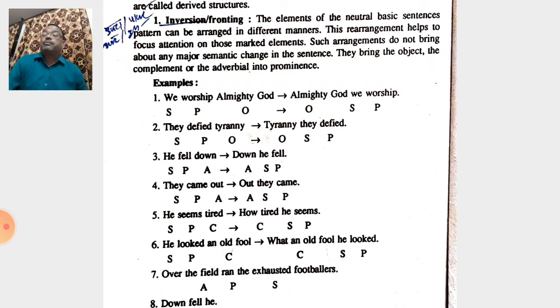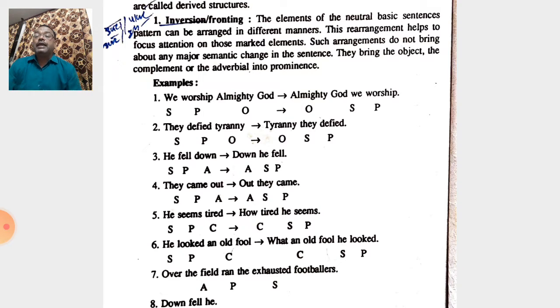Then the second sentence, for example: He fell down. Or he came on Monday. He is the subject, came is the predicate, Monday is the adverb.